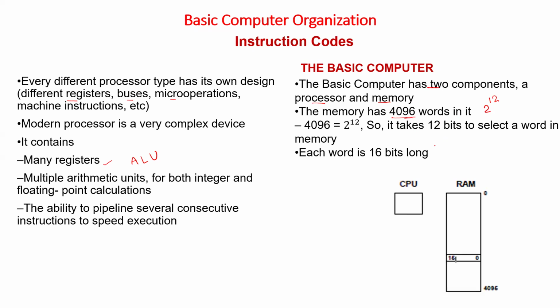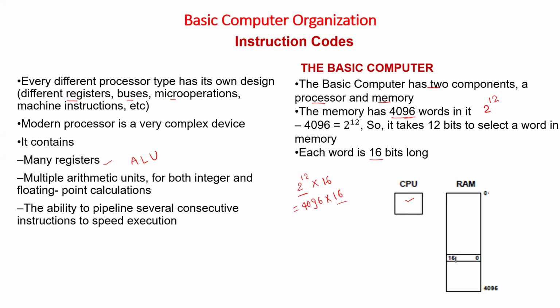Now suppose the word size is 16 bits long. Then the memory capacity will be 2 to the power 12 times 16. The 2 to the power 12 shows the number of words that can be stored, and the 16 shows the size of the words, so each word has 16 bits. Here you see the central processing unit and the RAM.